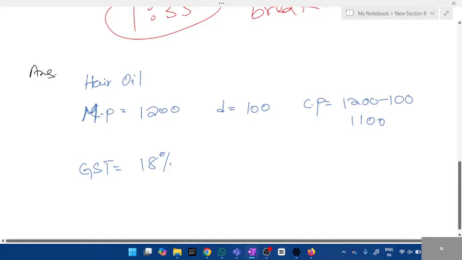Next, GST. How much is GST, students? GST is 18%. How do you calculate GST? GST is equal to 18 by 100 into 1100. How much is 18 into 11? What did you all get? 198.